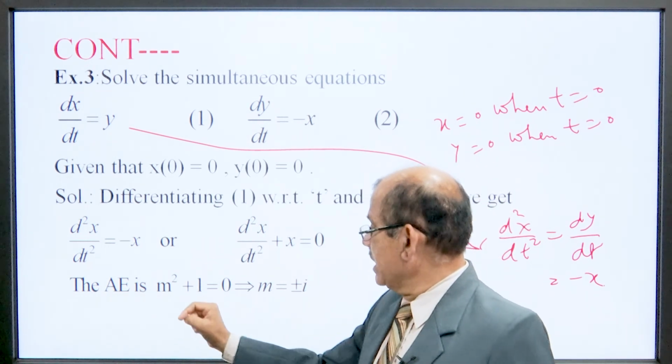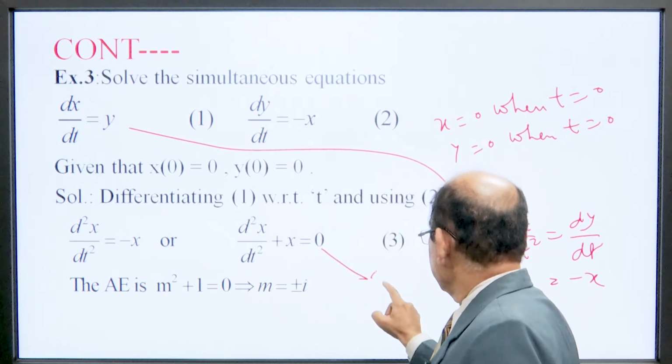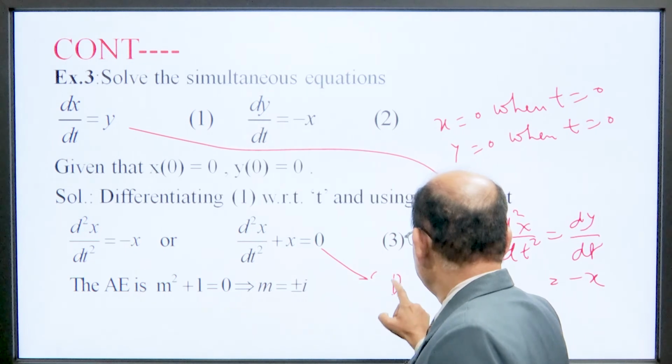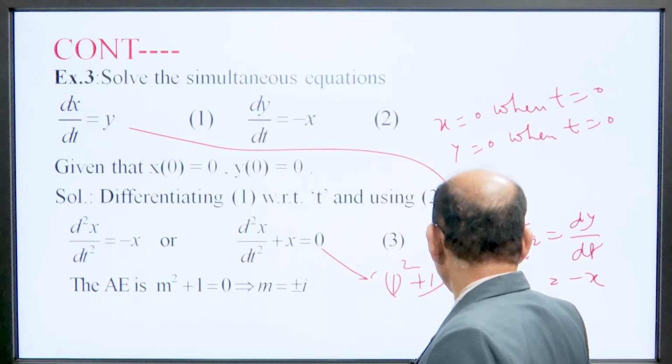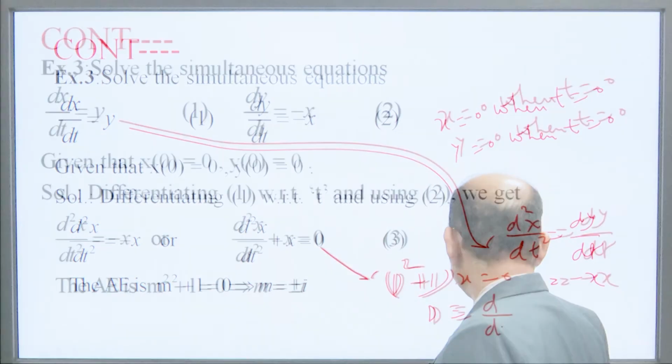Writing 3 in operator form, (D square plus 1) x is equal to 0, where D stands for d by dt.